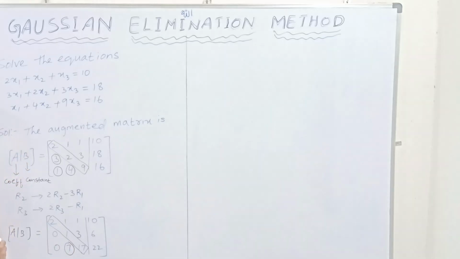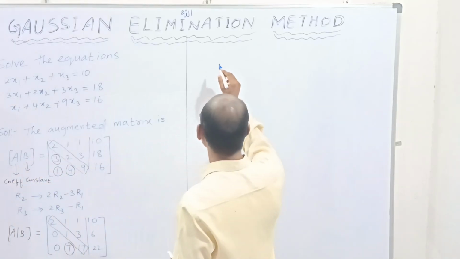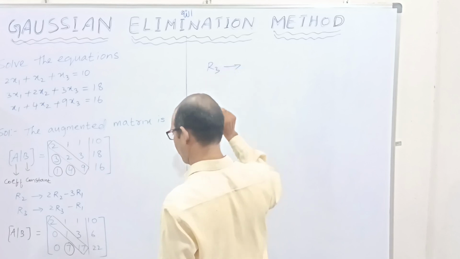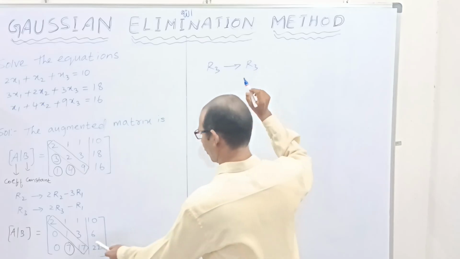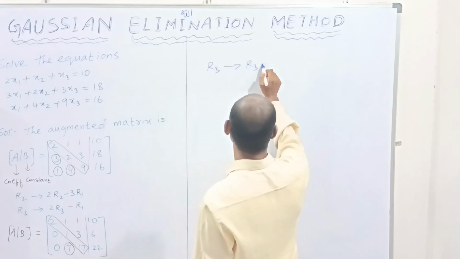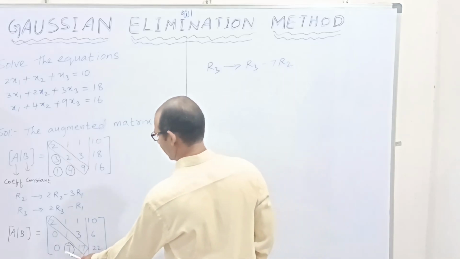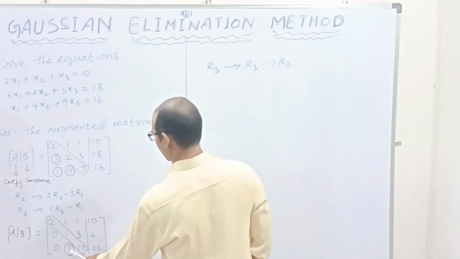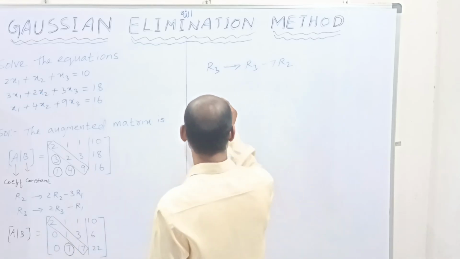I will use the operation R3 changed as R3 minus 7R2. I want to make this element 0 using this row, so R3 minus 7R2.